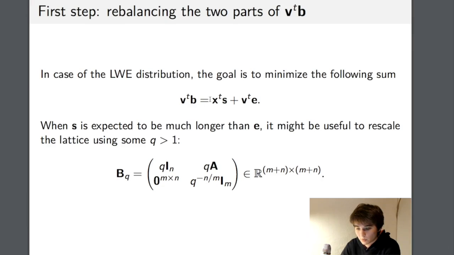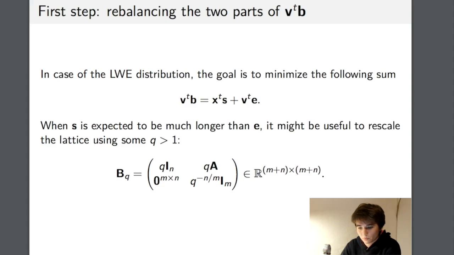It can be done by adding an additional parameter q and multiplying the top part of the lattice basis by q and the lower part of the basis by q to the power minus n divided by m to preserve the volume of the lattice. This allows us to vary q and balance the two parts of the sum. So that's basically all for the lattice reduction part.